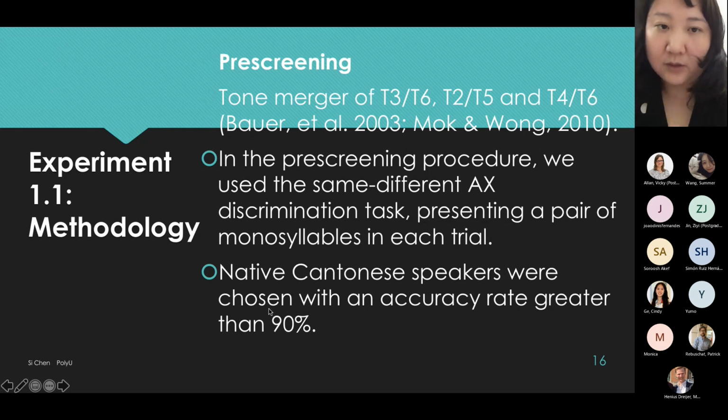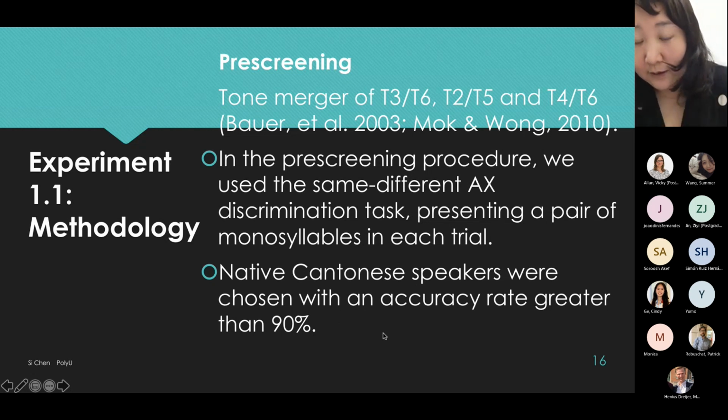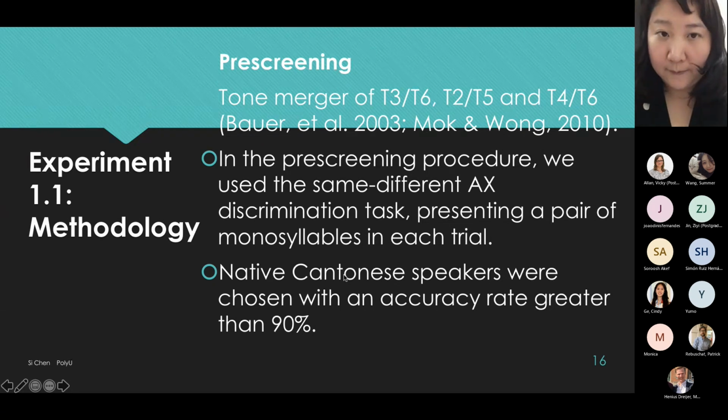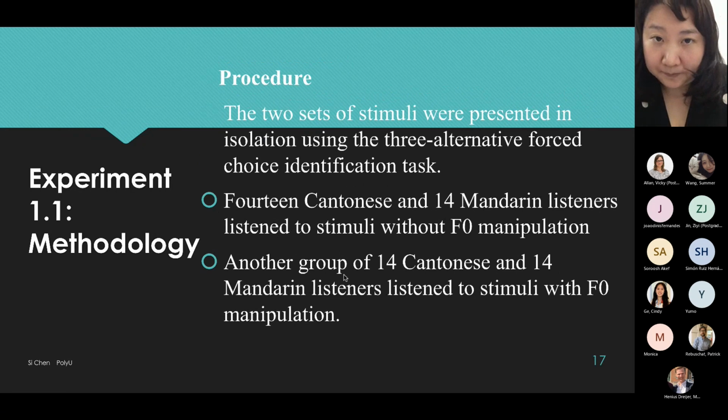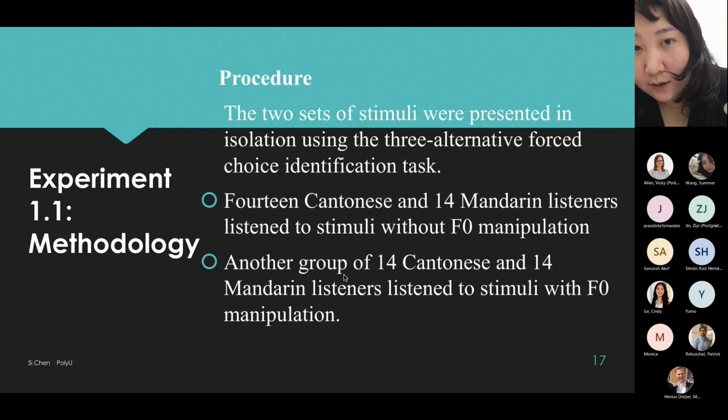So we do want to make sure that we don't have subjects that merge these tones together. So we do want to do a pre-screening and make sure that at least the Cantonese speakers have an accuracy rate greater than 90%. So we don't choose those tone mergers.